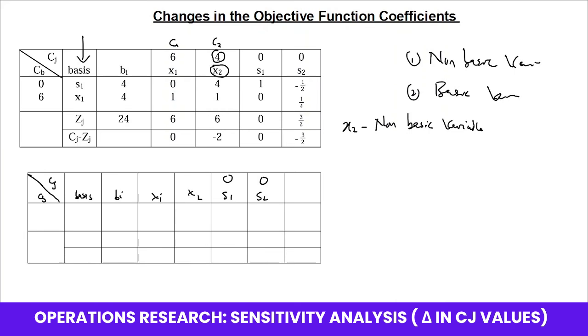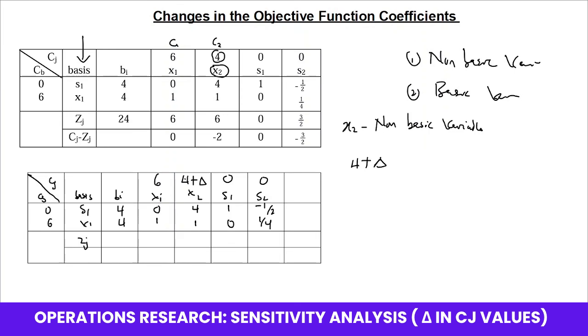But here we are considering a change in the C2 value, so that will be 4 plus delta, and then we maintain our 6. Then our BI: S1, X1, we have 4 here, 0, 1, 4, 1, 1, 0, minus 1 on 2, 1 on 4, and then 0, 6.